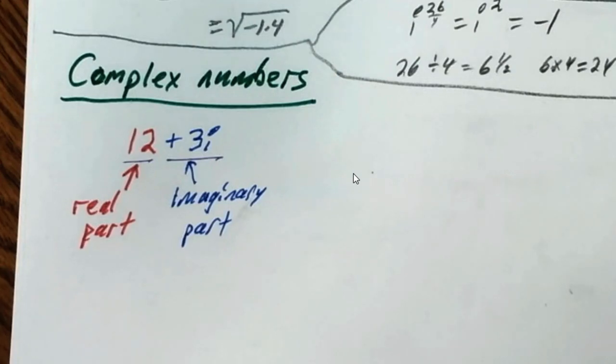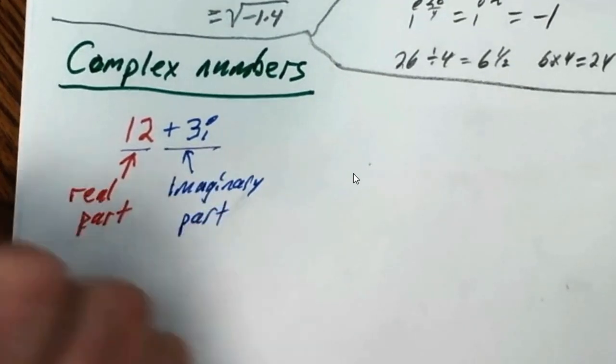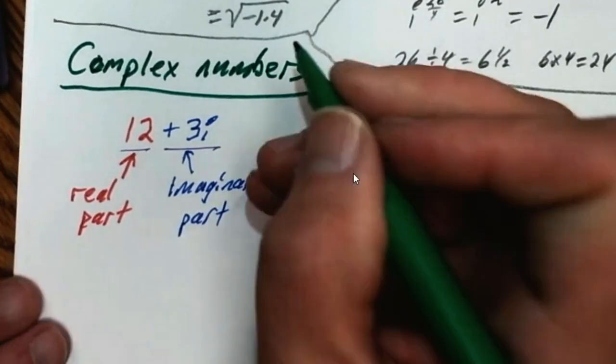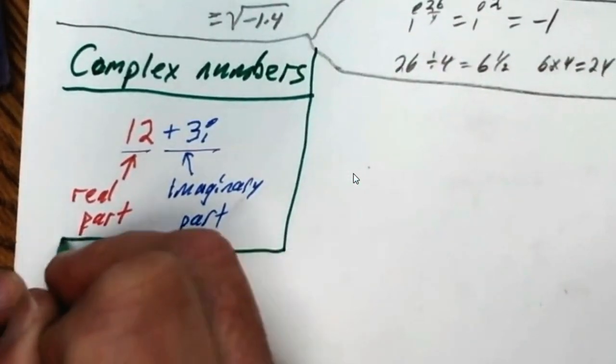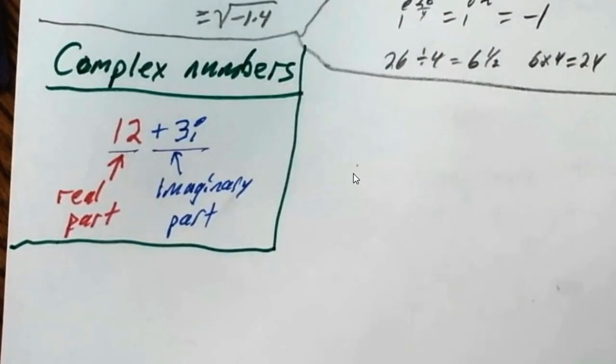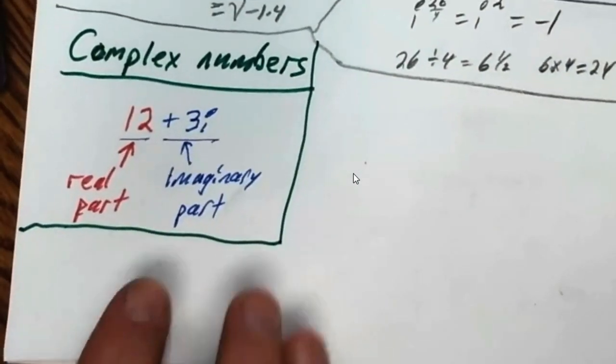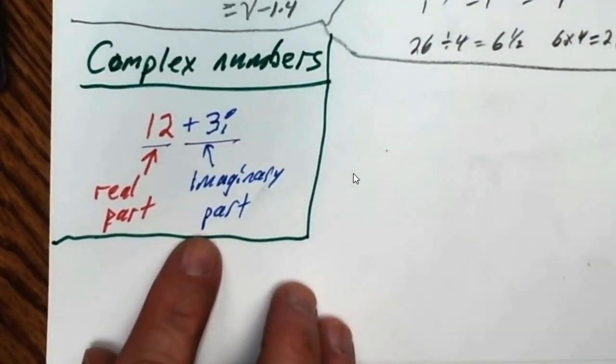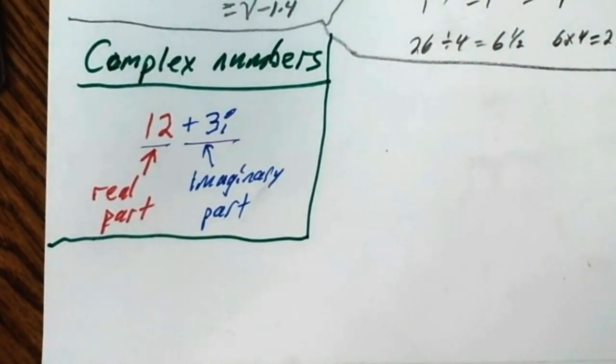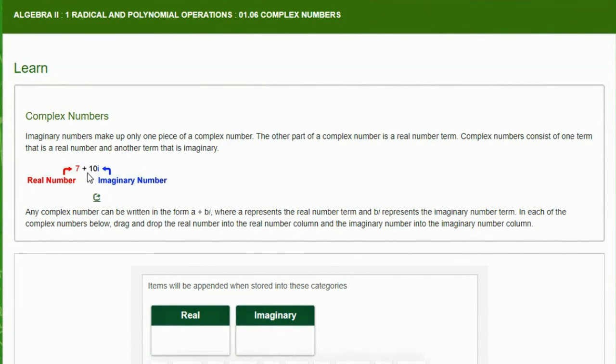So it's imaginary. So complex numbers have 2 parts, a real part and an imaginary part. And that's important to understand when we start using complex numbers in our math, which we will be doing today. So real part, imaginary part. Real number 7, imaginary number 10i.